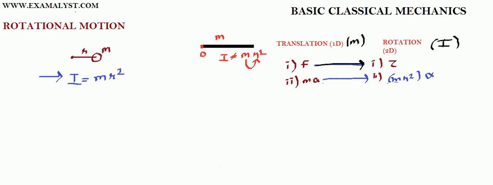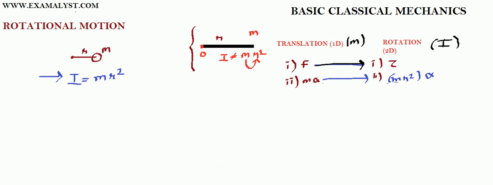So what is r? r is the length of the rod. Please understand that for the rod the entire mass m is not concentrated. How to find the moment of inertia of a rod, we will discuss later in the next lecture.